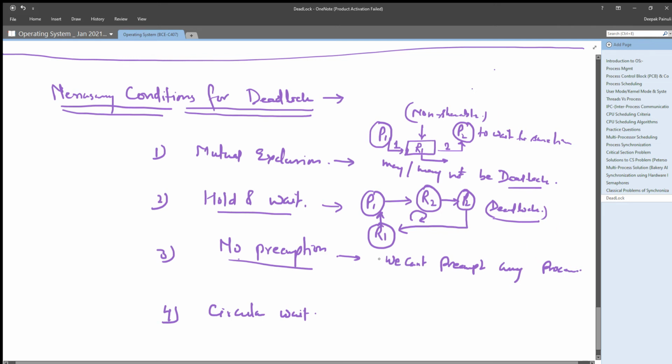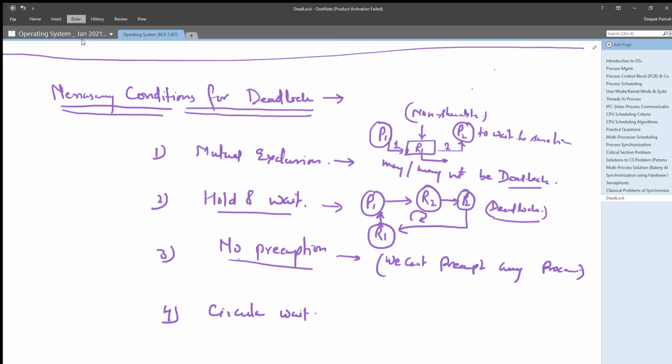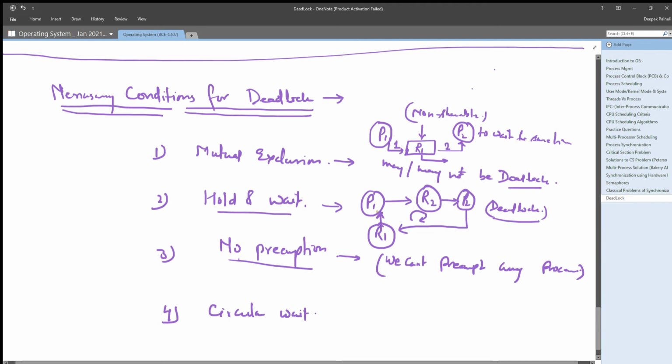So if you cannot preempt any process, see in the hold and wait example, P1 was holding R1 resource and waiting for R2. Similarly, P2 is holding R2 resource and waiting for R1 resource, which is engaged by P1, right?